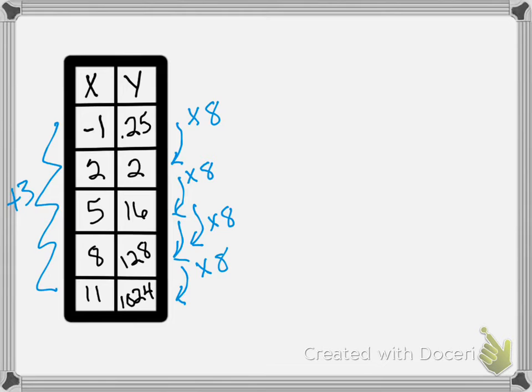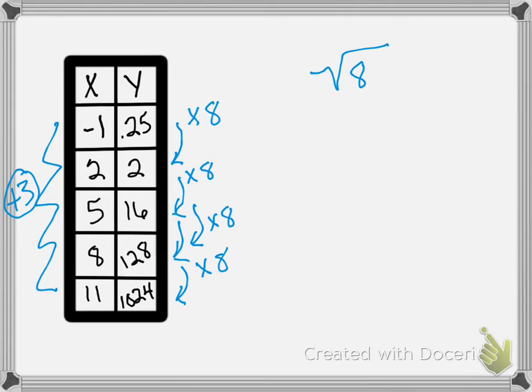So instead of using that 8 as your factor, what you've got to do is take a root of that 8. But how do you know if it's going to be a square root, a cube root, fourth root, whatever it might be? That's where this plus 3 comes into play.